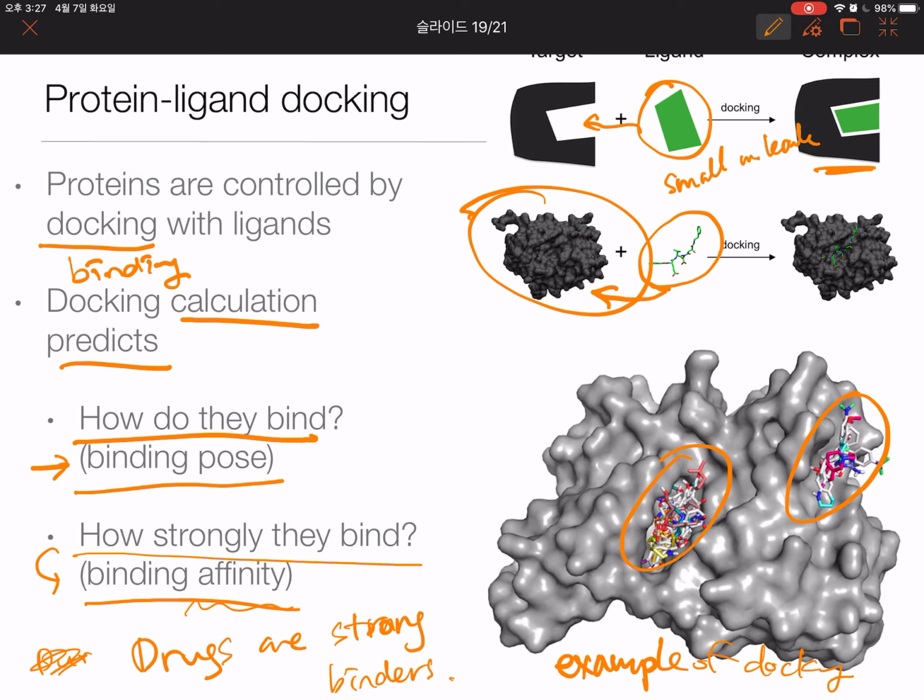It's no surprise, because in order to control the function of a protein, at least it should bind quite tightly. It must bind tightly with the protein. That's why usually drugs are strong binders.